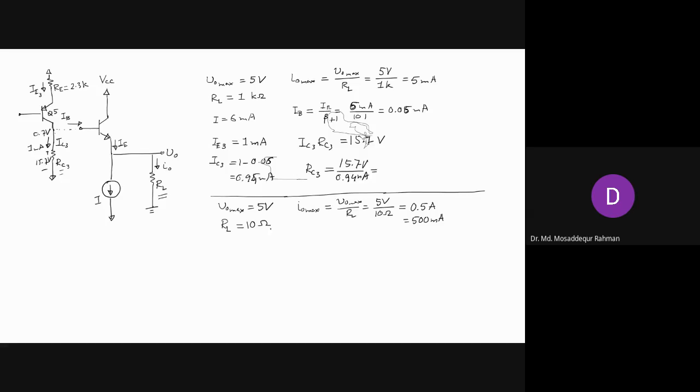The bias current has to be greater than or at least equal to your I naught max, as from our previous discussion. So what can we choose for I in this case, since it is 500 milliampere? Let's say we choose a value of 550 milliampere, 10% greater. So then our minimum value for I will be this, at least we'll have this much current flowing. That current will then determine IB, how much IB will flow here.